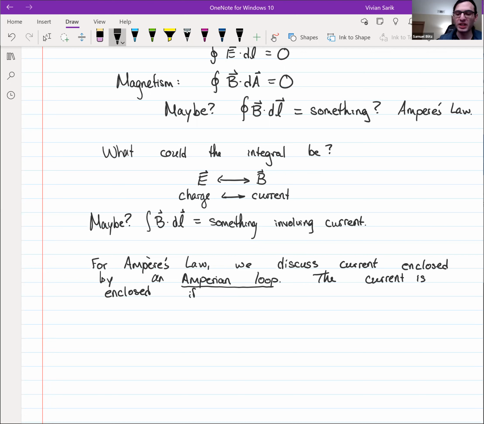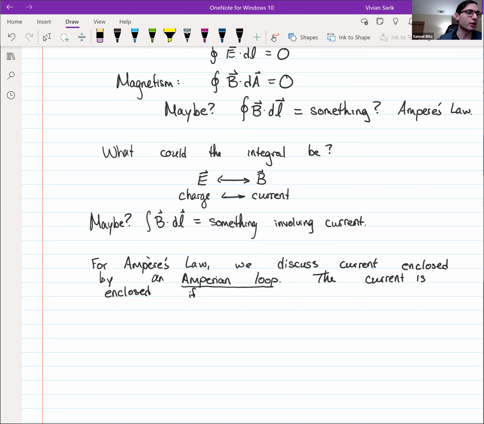Oh, and by the way, it has to be a loop or a line. It can't be a surface, because this is a loop or line integral, right? So whatever imaginary thing you're coming up with has to be one-dimensional, like a line, rather than two-dimensional, like a surface, right?